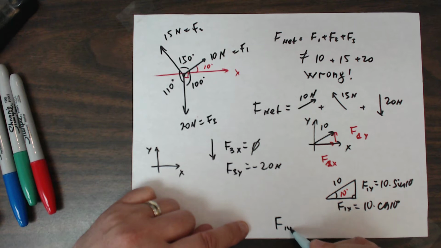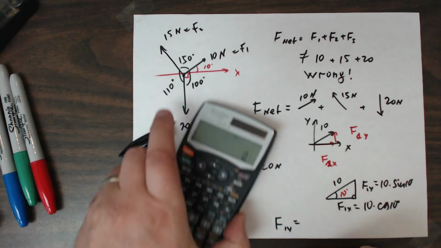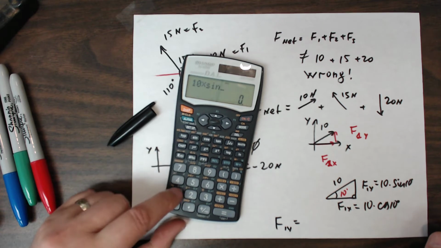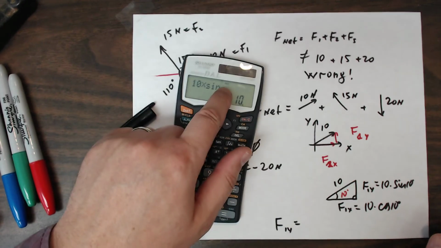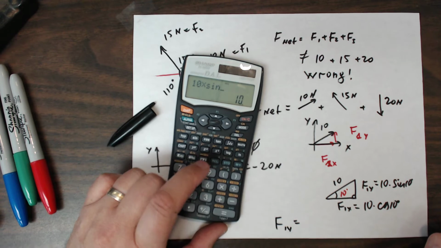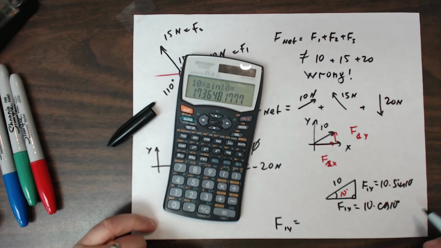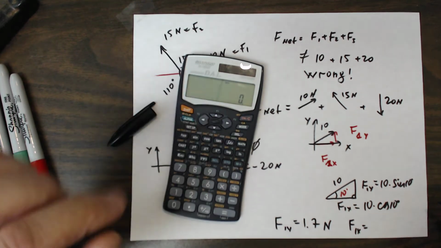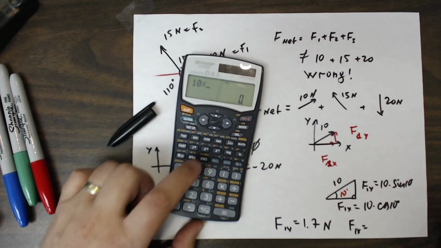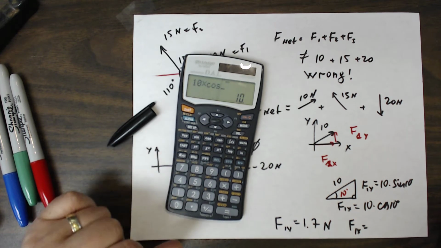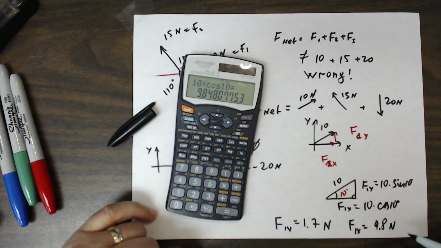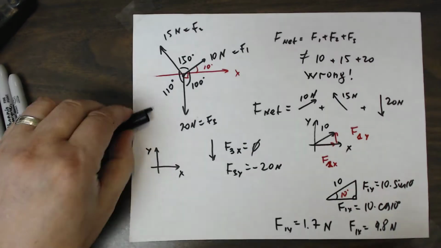So F1y will be equal to 10 times sine of 10 degrees. You see degrees, we have to use degrees. And gives about 1.7 newtons. And the x component, 10 times cosine of 10 degrees, about 9.8 newtons.